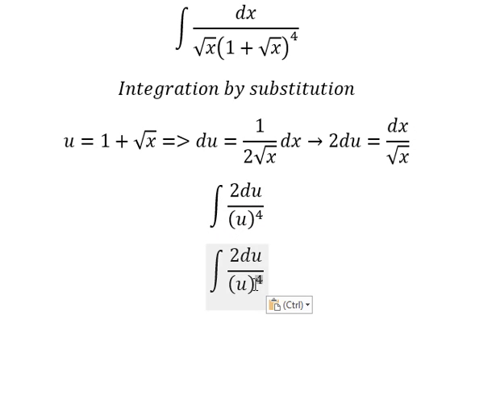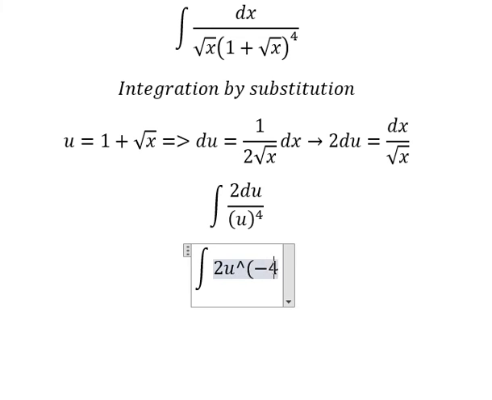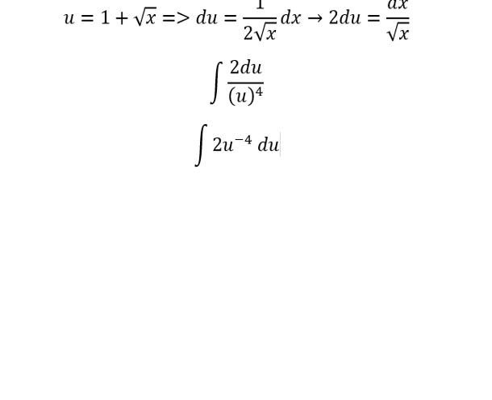So if we want to put this one in the numerator, we put the negative next to the power in here. And now we have the formula in here.